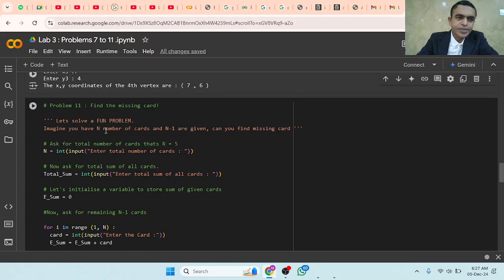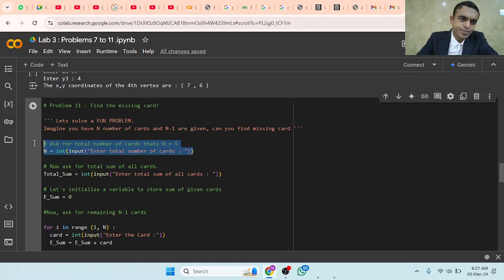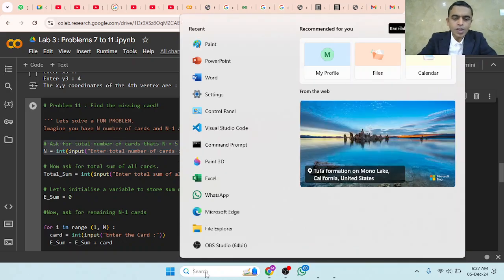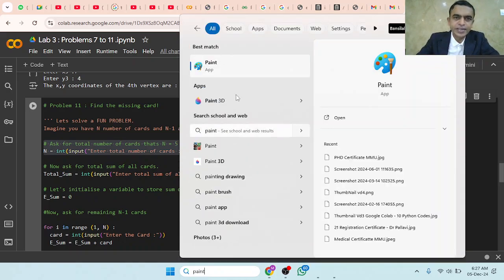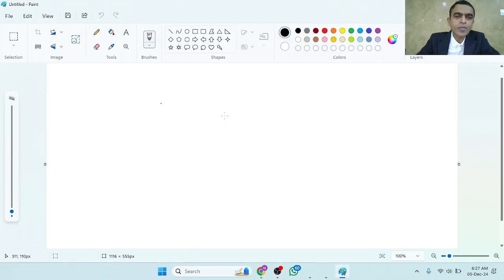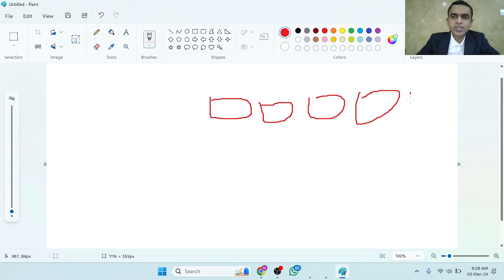So look at the logic here. It's a fun problem. We ask the user for the total number of cards he has, 5 for simplicity, and say these cards are 1, 2, 3, 4 and 5. Okay, so we'll go back to Paint and say here there are 5 cards, and these 5 cards are: this is 1, this is 2, this is 3, this is 4, this is 5.